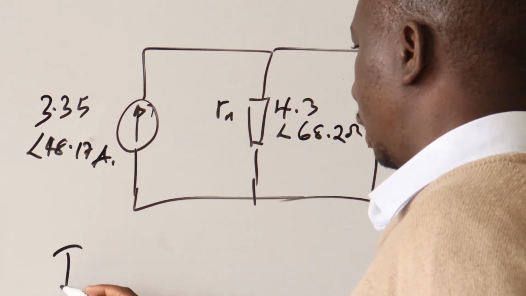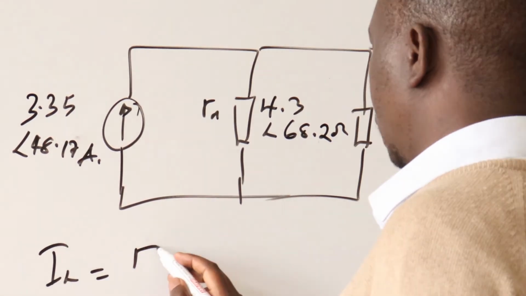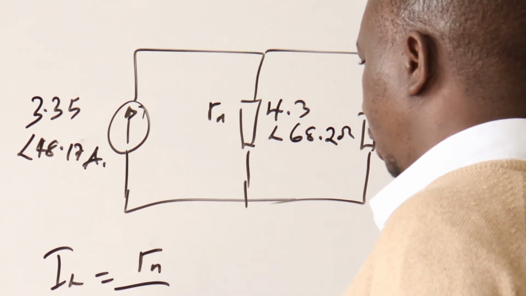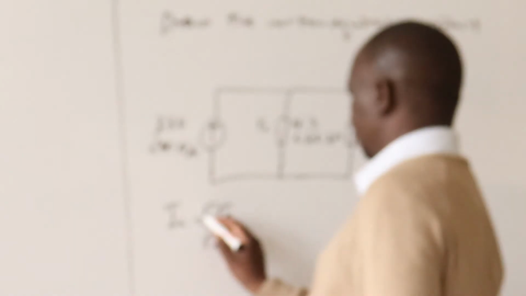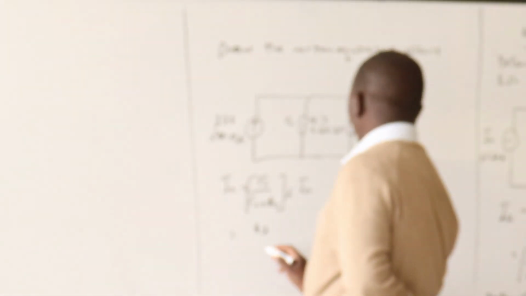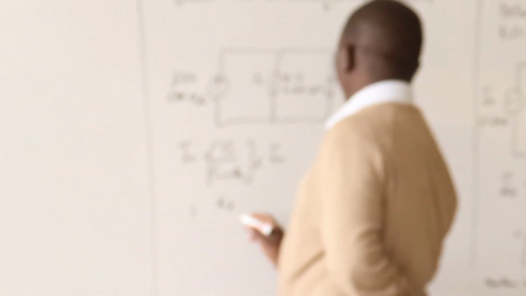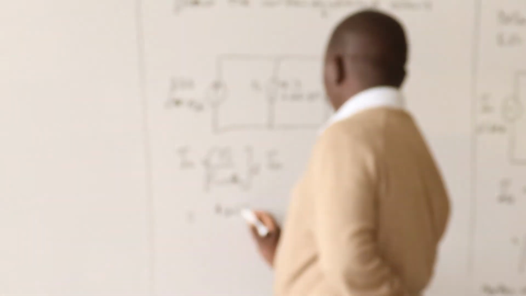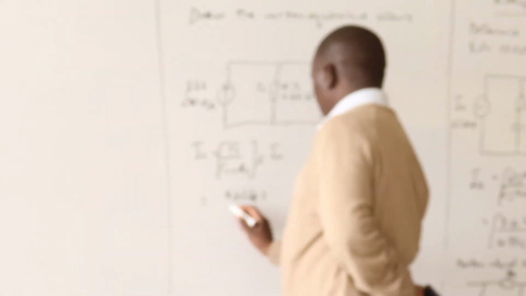So the current across the load is the opposite over the total resistance times I_SC. The opposite is 4.3, the angle is 68.2.